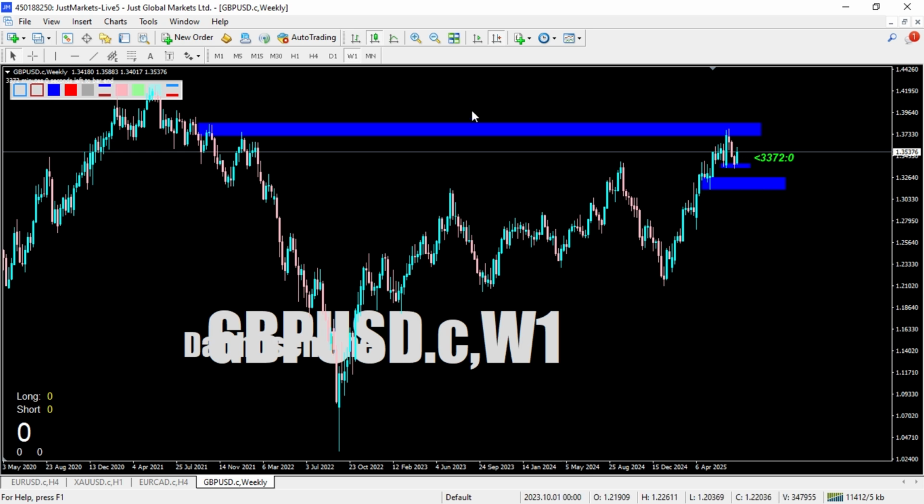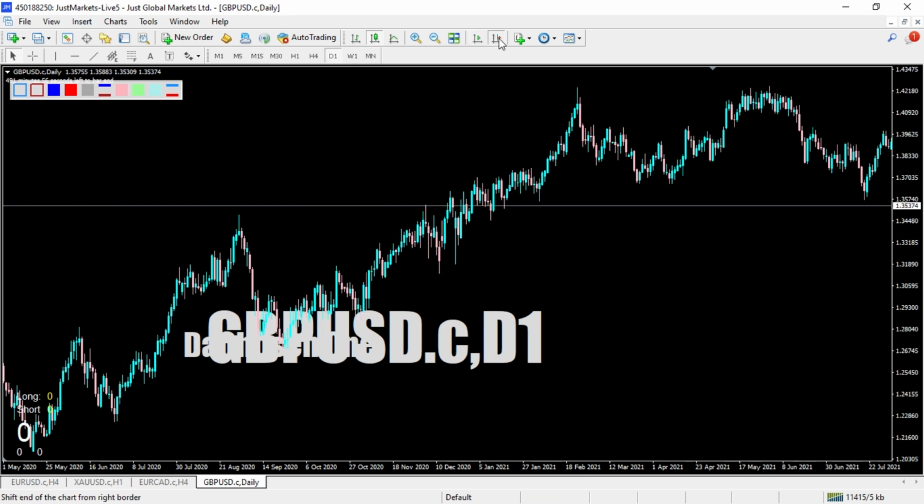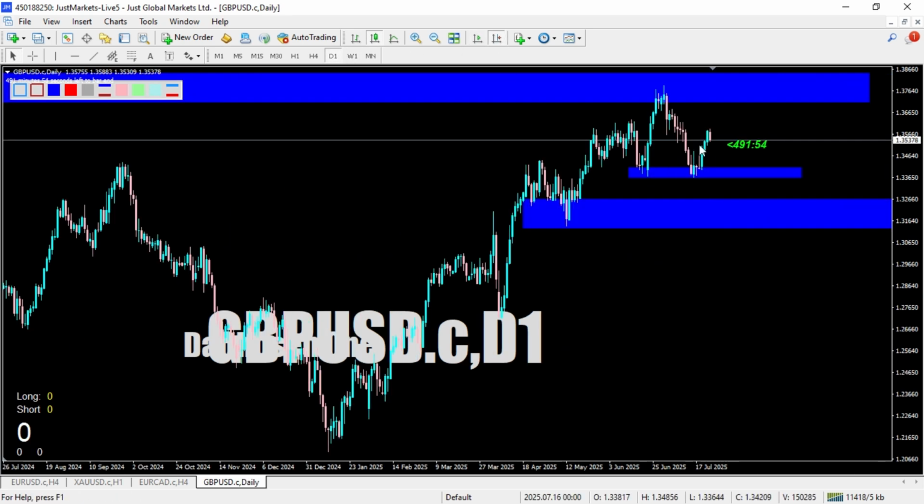So now it's in a bullish momentum. As you can see, it made a higher high, failed to create a lower low. So we are looking for another higher high now. This is a higher low.